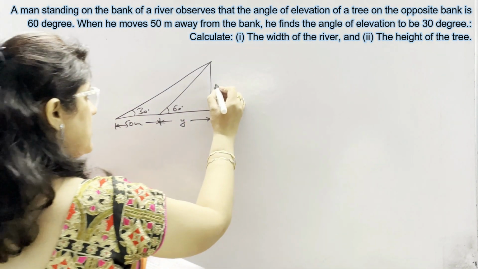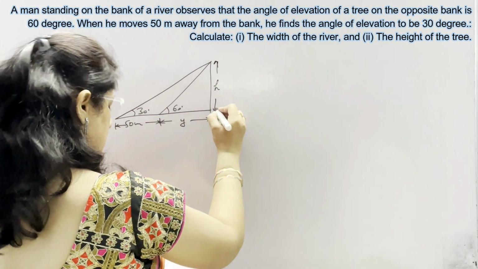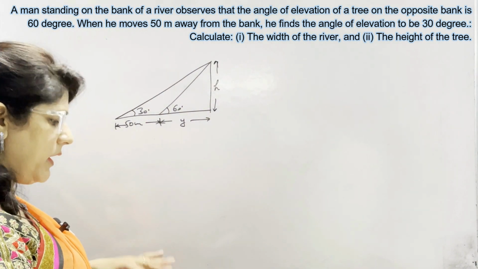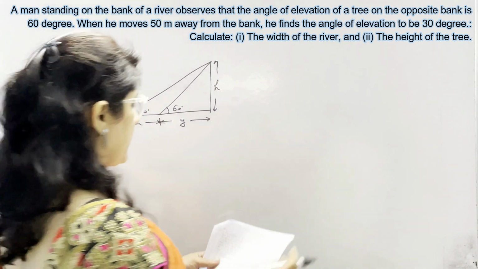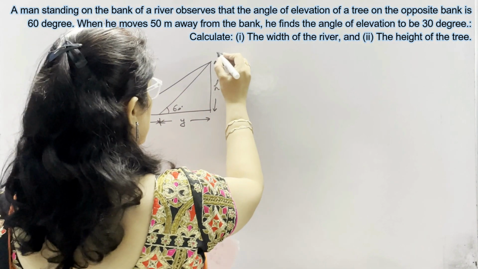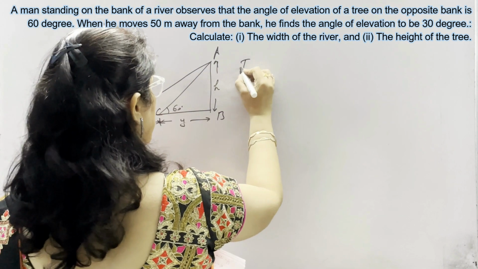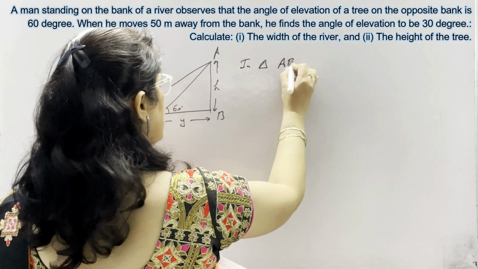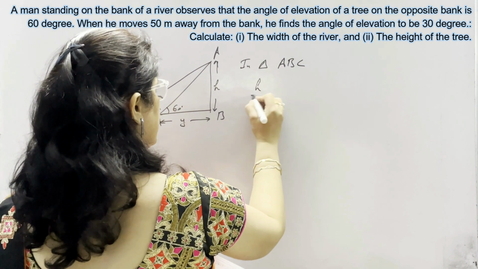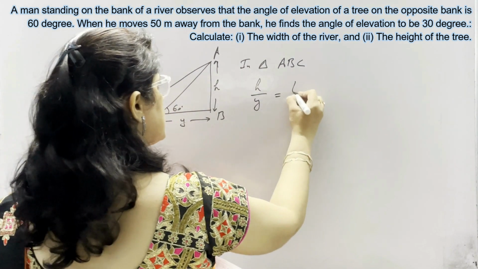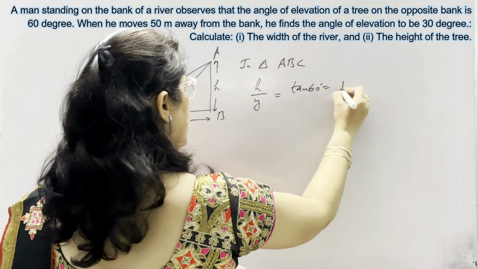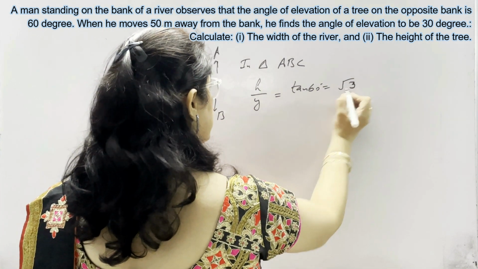So h is the height of the tree. We need to calculate the width of the river and the height of the tree, both parts. So first we are going to take the triangles A, B, C and D. In triangle ABC, h upon y is tan 60 and the value is under root 3.